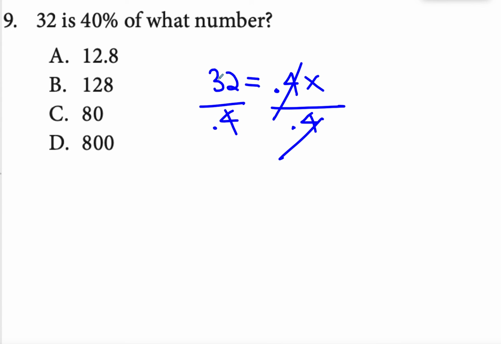Now the way which we can divide 32 divided by 0.4 is I can multiply top and bottom by 10, so that will be 320 over 4. Then this might be a bit easier for you to look at because I'm dividing it by an integer instead of a decimal. So 320 divided by 4 becomes 80. So we get choice C becomes the answer.